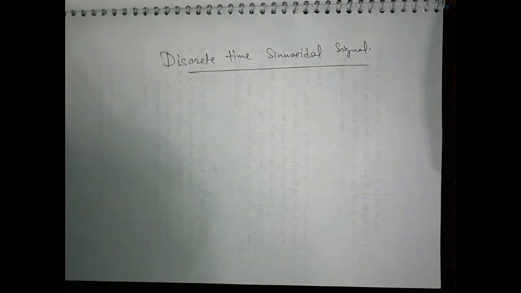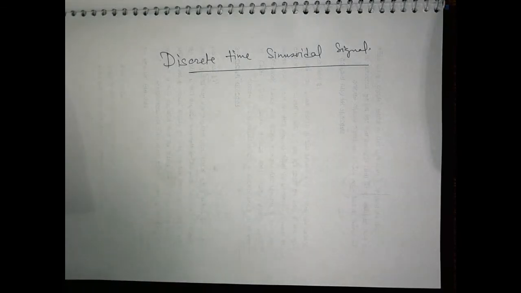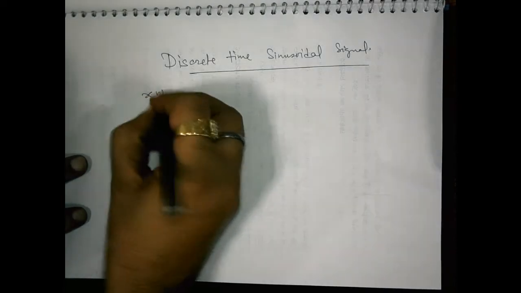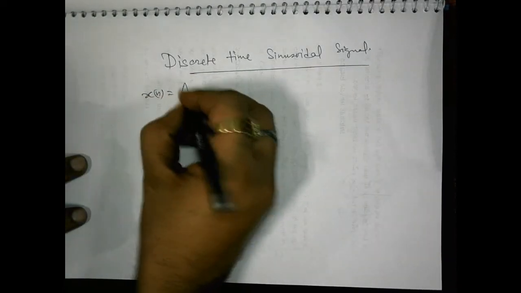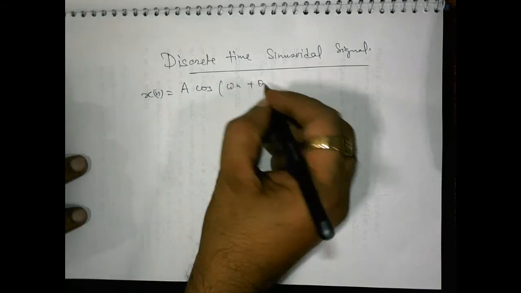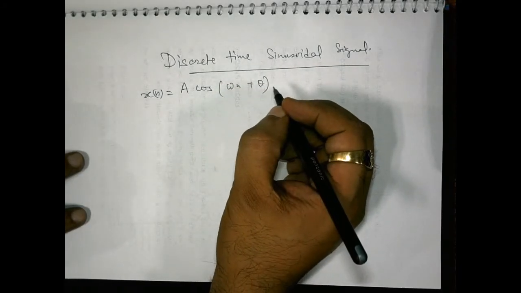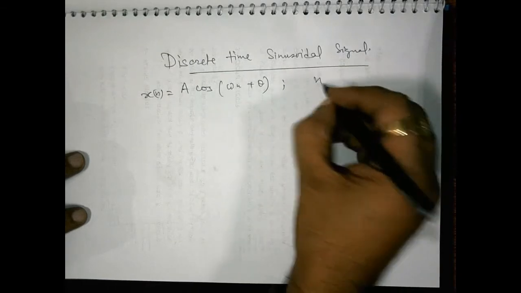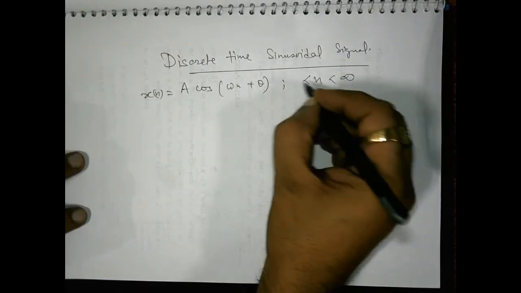A discrete time sinusoidal signal can be written as x[n] equals A cos(omega n plus theta), where n ranges from minus infinity to infinity.